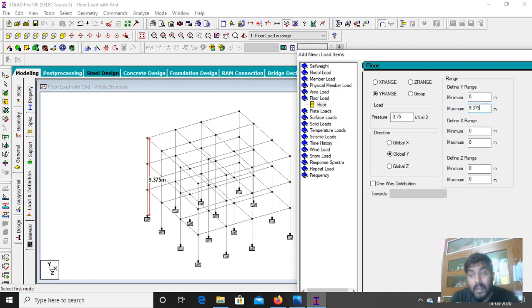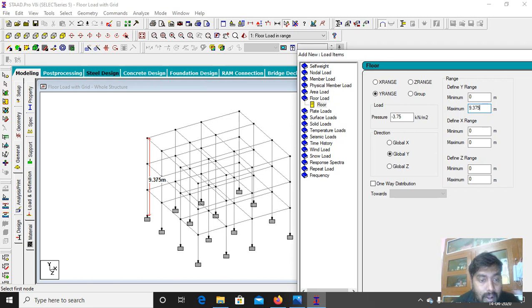Because minimum means the starting point of the load, and this is the ending point of the load. That means in between them, all the slabs in the y range will be given the amount of this load. This is the basic funda.